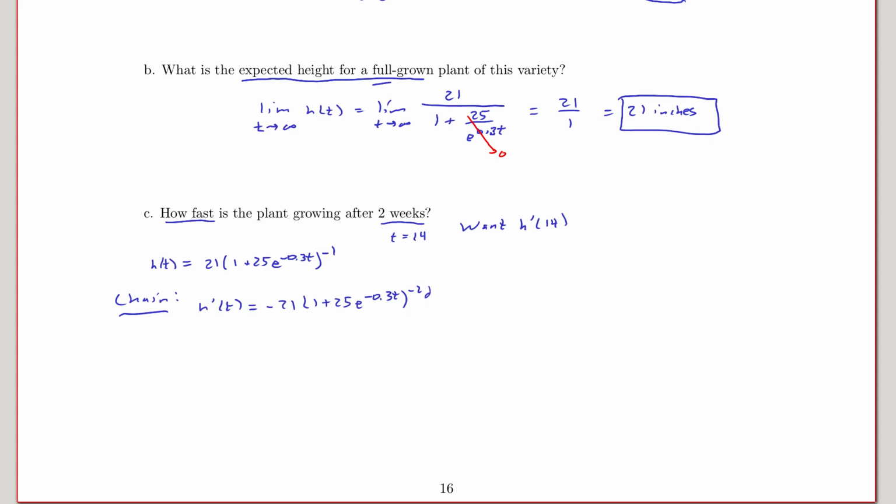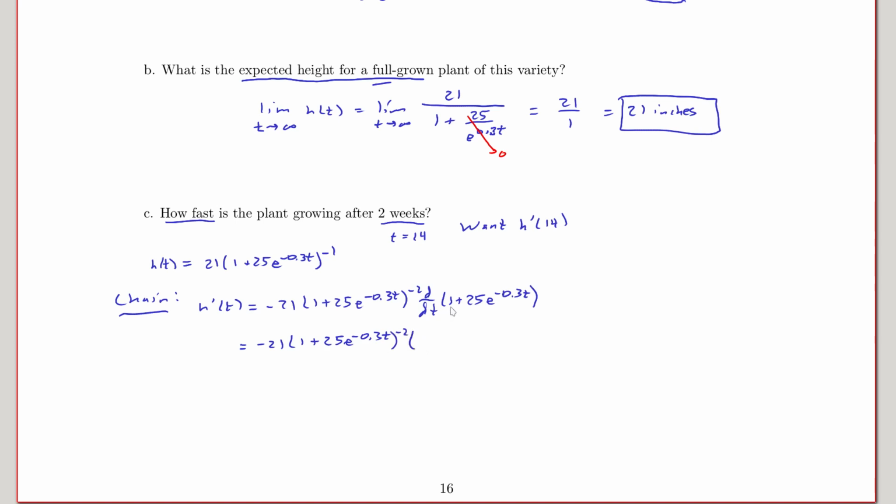But then we also have to multiply by the derivative of the inside, 1 plus 25 e to the negative 0.3t. So just the usual application of the chain rule. So we have this part out here that's already done: negative 21 times (1 plus 25 e to the negative 0.3t) to the negative 2.